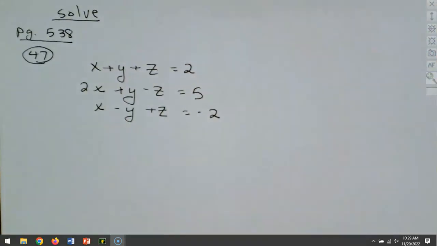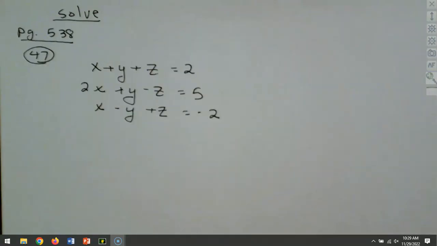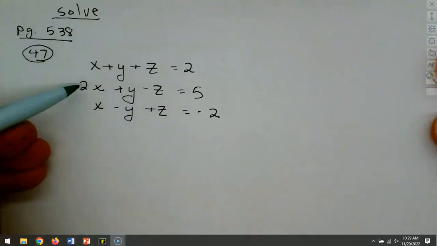So, when we look at a system like this, this has 3 variables. Now, we need to figure out where to begin and what variable to eliminate. We look at the variables together and we see which one or ones look the easiest. I want to avoid multiplication as much as possible. So I wouldn't want to eliminate the x, because if I try to eliminate for x, I've got to multiply.